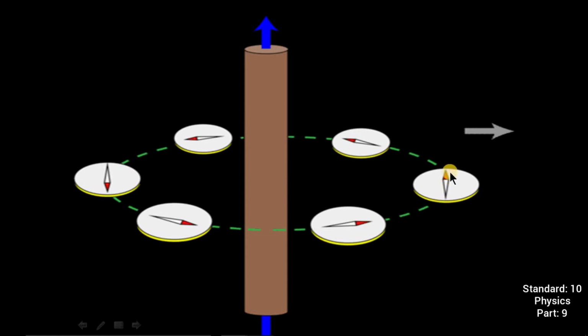That is the north. So when we draw a path, keeping the magnetic needles at different positions, we can create a circle. So this shows that magnetic lines are circles. Magnetic lines are concentric circles around the conductor.